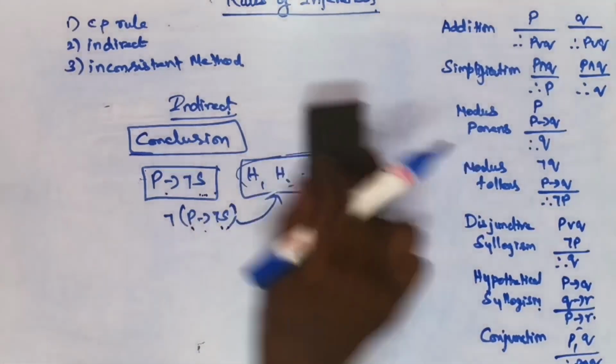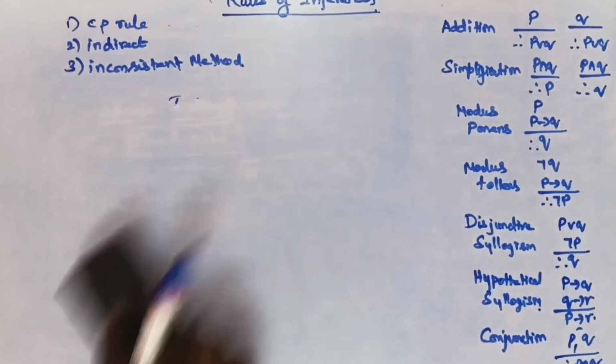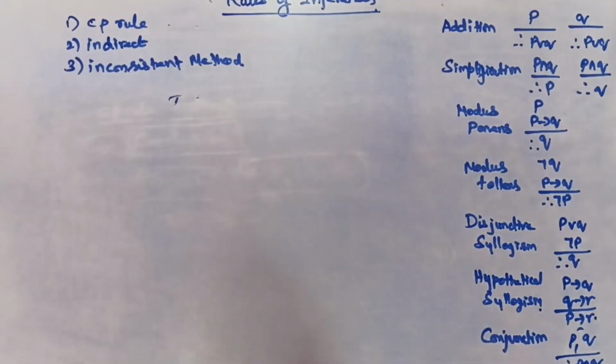So we assume the contrary of the conclusion, add that also as one of the premises, then prove a contradiction or false. Then it is an indirect method.